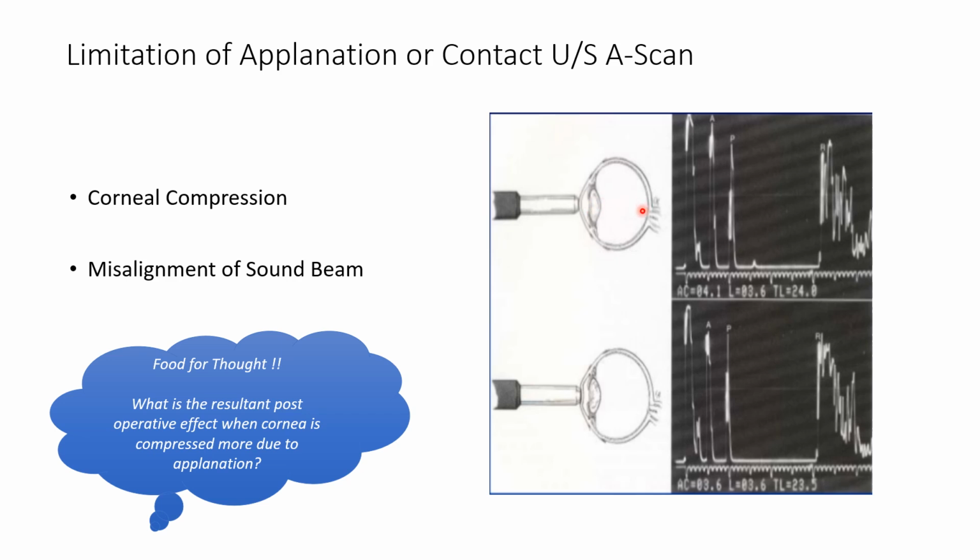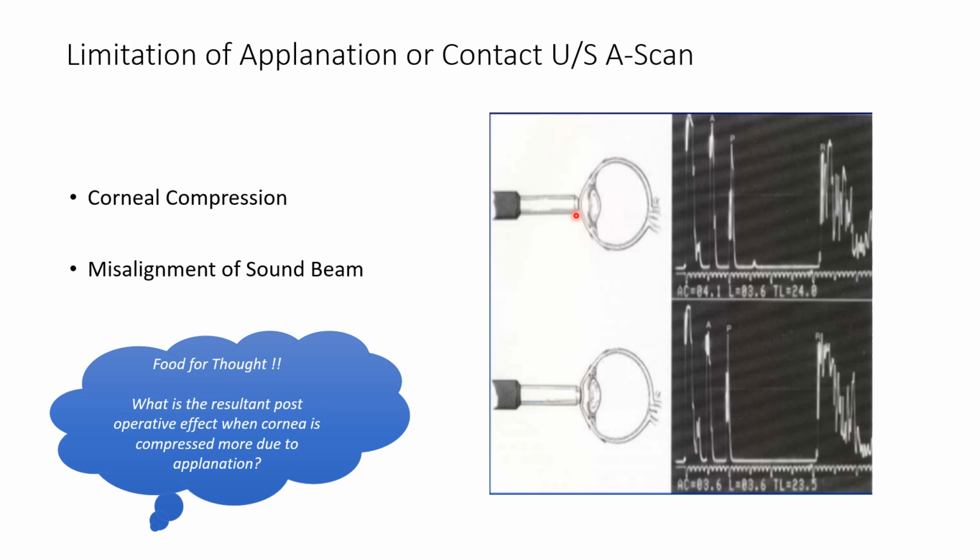You will go for a higher IOL power. But the patient's axial length is not 24.7, it is 25. If you go for a higher IOL power, you will get a myopic surprise. The rays of light will converge before the retina. And it is because of this reason that surgeons worldwide have moved from contact ultrasound biometry to immersion ultrasound biometry.